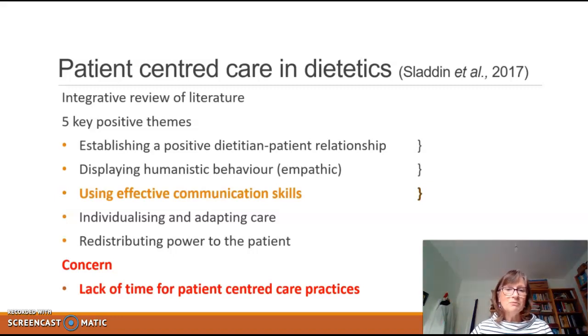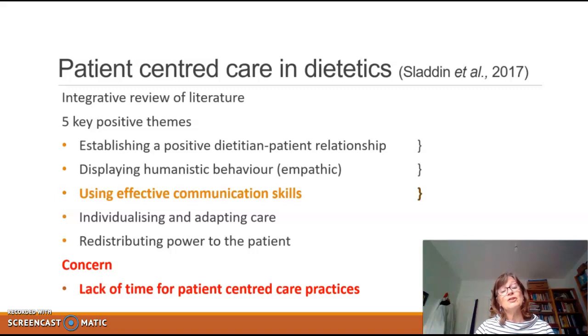And it's the most common reason that I've experienced when I'm speaking to dietitians as well. You know, I haven't got time. That takes too long. And actually, most of the evidence base suggests that it's more effective use of time as well as more effective in leading to clinical outcomes.